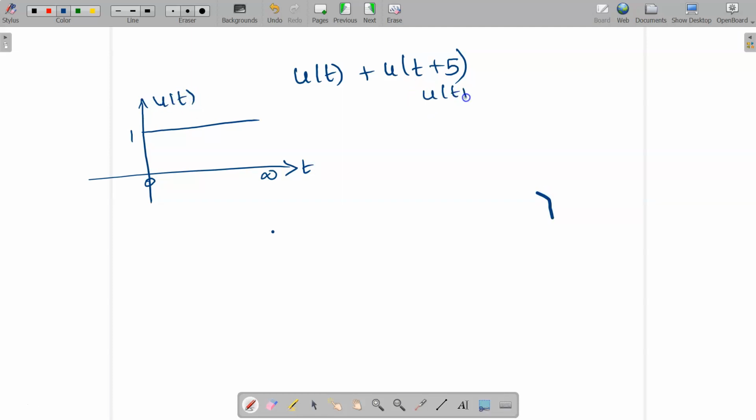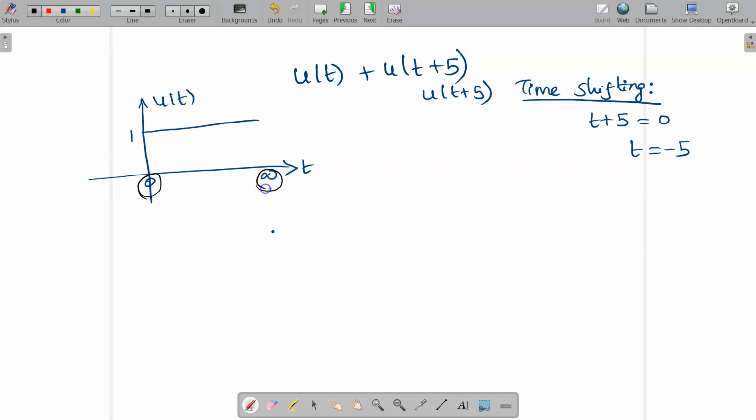What is u of t plus 5? Again it is a time shifting operation. So for a time shifting operation, whatever the functional value we have, equate t plus 5 to 0. So t is equal to minus 5. Whatever the value here, we have to add the value minus 5.